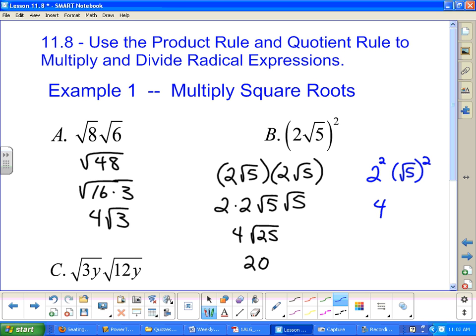What do they do to each other? They basically cancel each other out. So this is 4 times 5, which is 20. So you could do that problem either way. I could write it as times itself here and then simplify it. Or I could write it as both of these things are being squared and then simplify it that way. Either way is acceptable. They both produce the same answer.